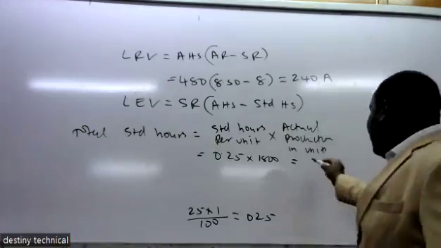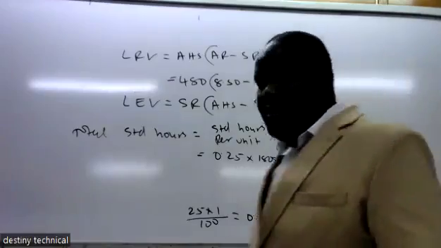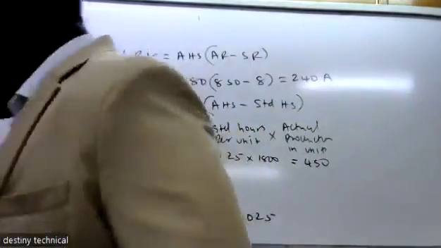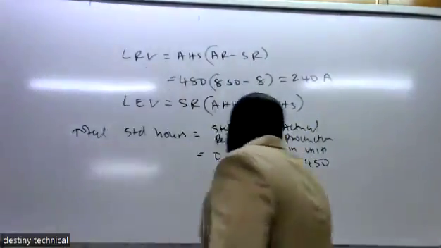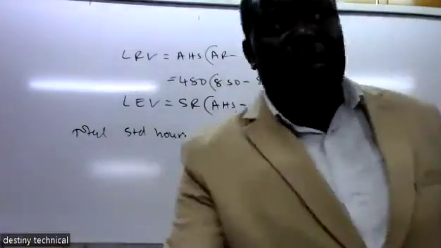So we come up with a figure of 450. So now from there, we calculate what is meant to be the labor efficiency variance.